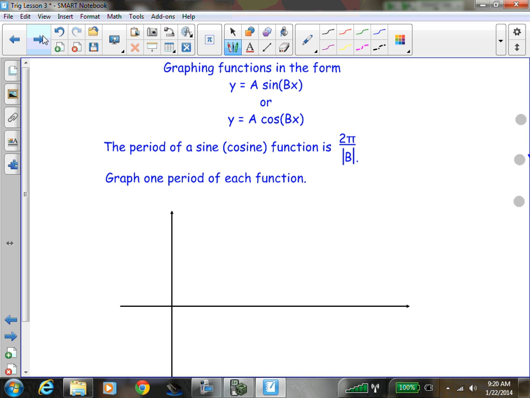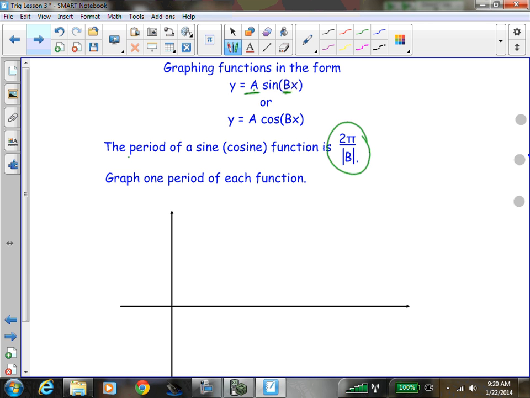All right, in what we're going to look at here, we're going to have the A that's going to be the amplitude, and this time we're going to have a number in front of the x. The absolute value of A will still be the amplitude. But the period of the sine or cosine function is going to be 2 pi divided by the absolute value of B. Now, you may never see a B that is negative.